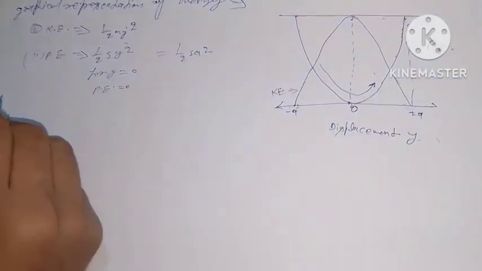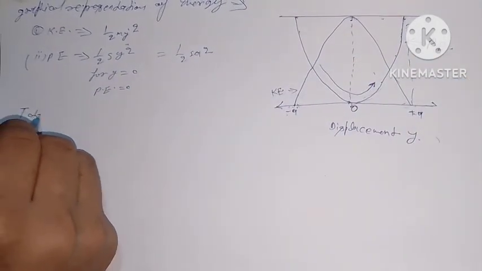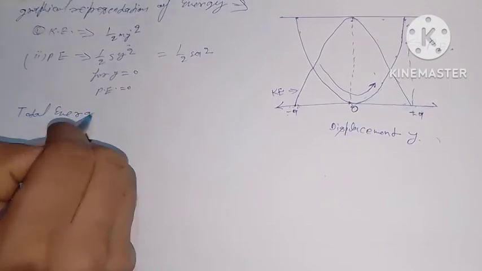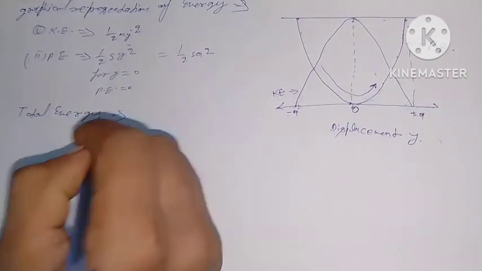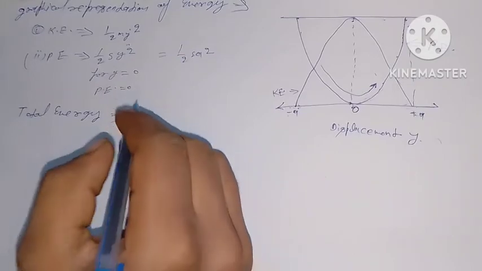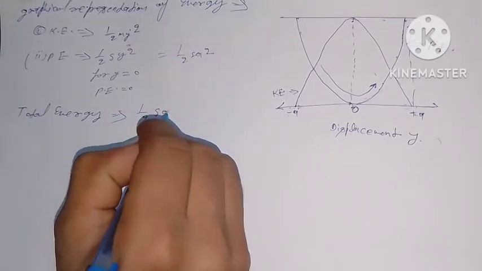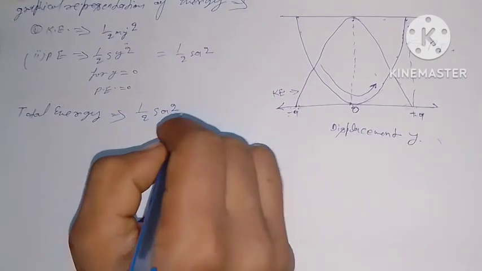Total energy. The total energy is given by 1 upon 2 S a square, which is a constant.